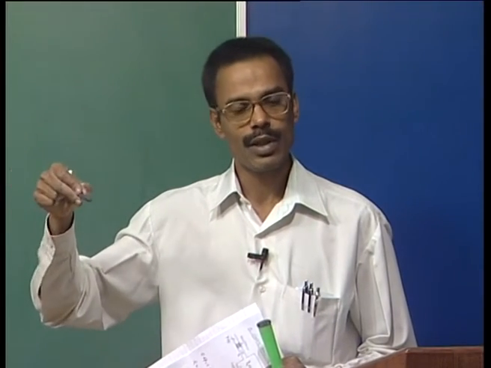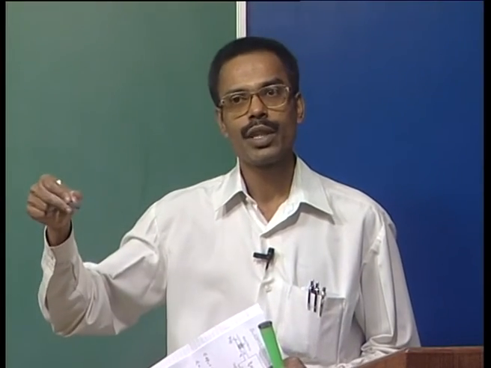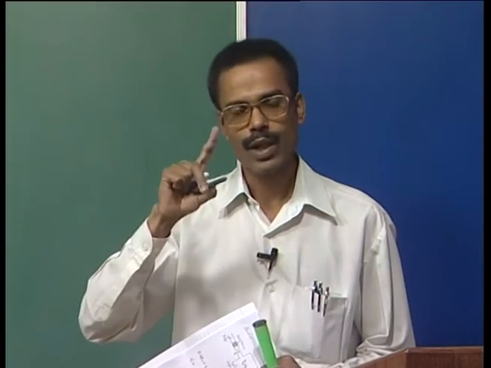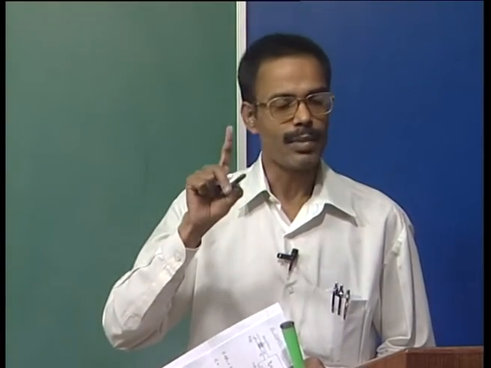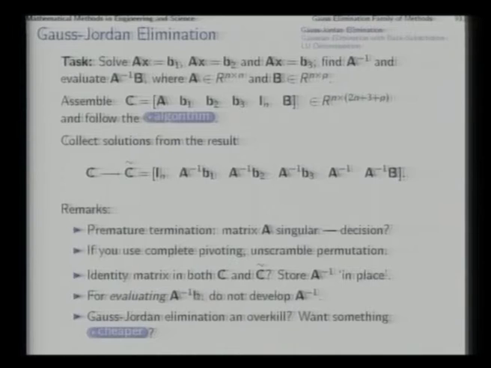Why should you spend so much computational effort to just solve one system for a single b? Therefore, for solving a single b, you should not actually develop the complete inverse.